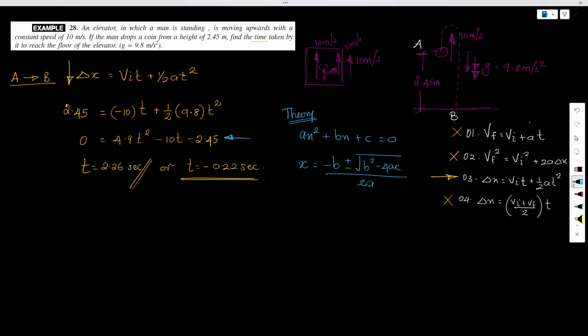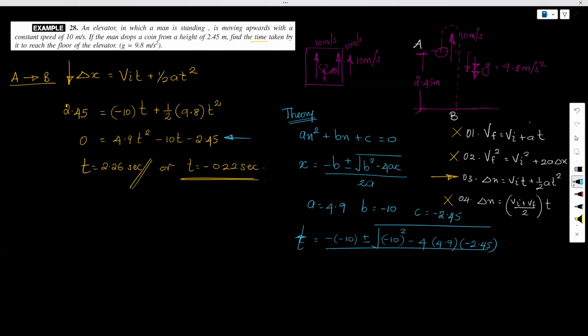So you can plug in all the values, because a is 4.9, b is minus 10, and c is minus 2.45. So your t values will be minus of minus 10 plus or minus square root of minus 10 squared minus 4ac, over 2a. I'm not going to solve this, but know that there are methods that you can use.